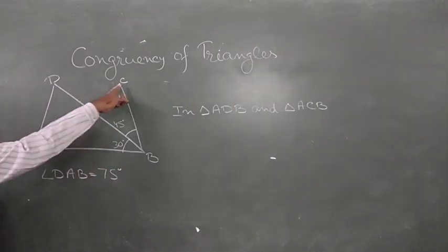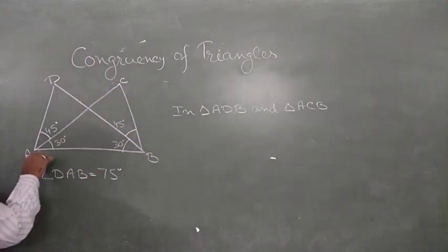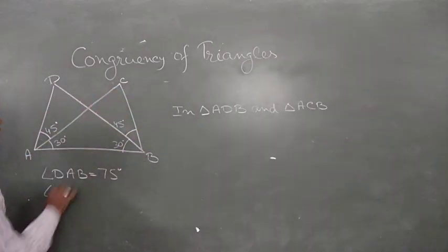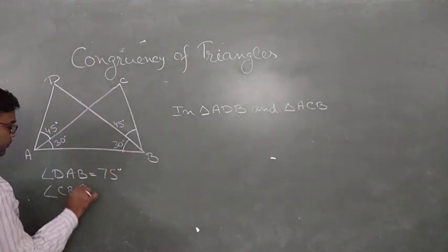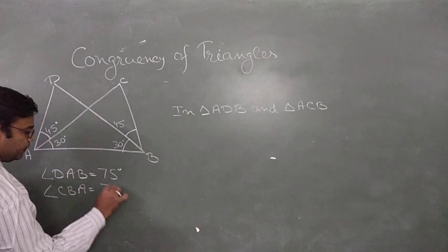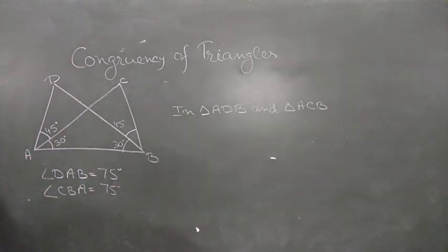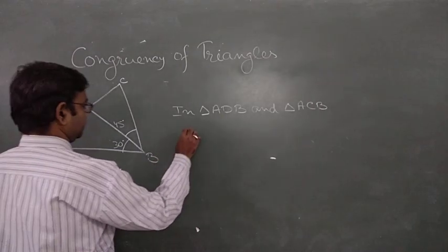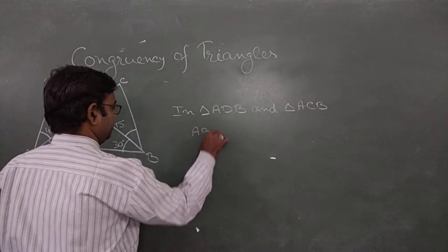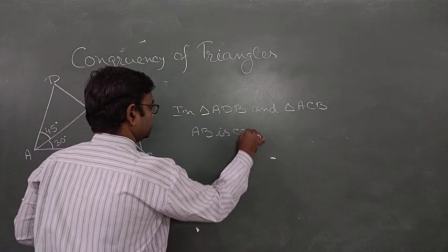Clear? And again, for triangle CBA or ACB, whatever you call, angle CBA equals 75 degree. That thing is clear: 45 plus 30, and this angle is already given 30 degree. So let's start. This side is common. So first we write side AB is common.